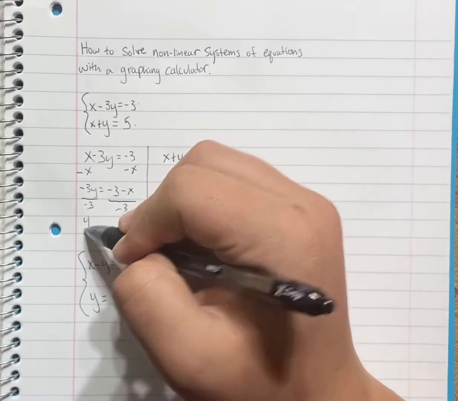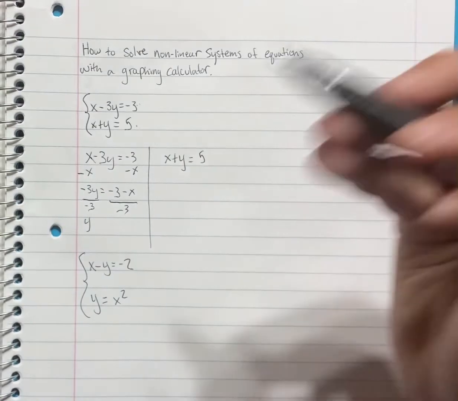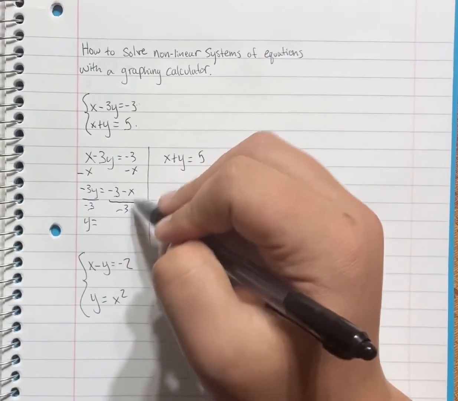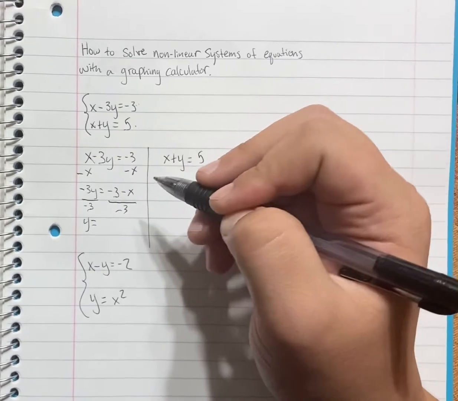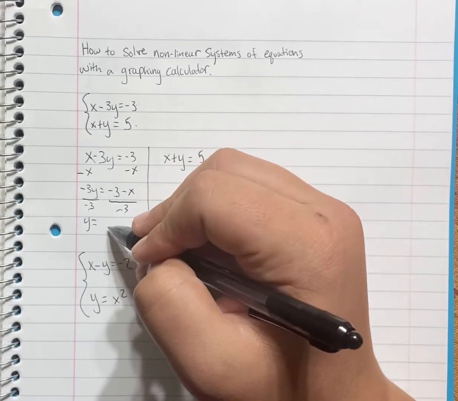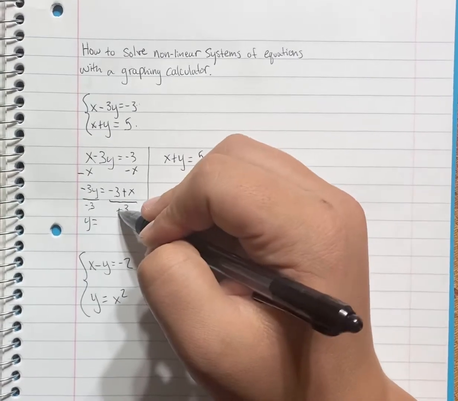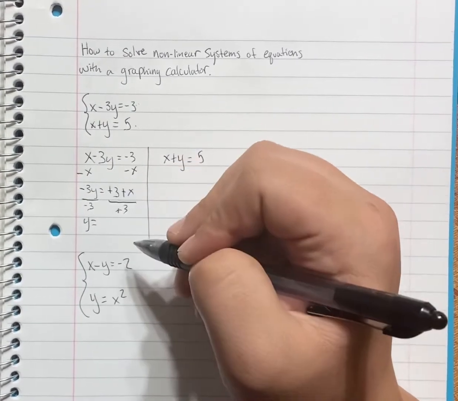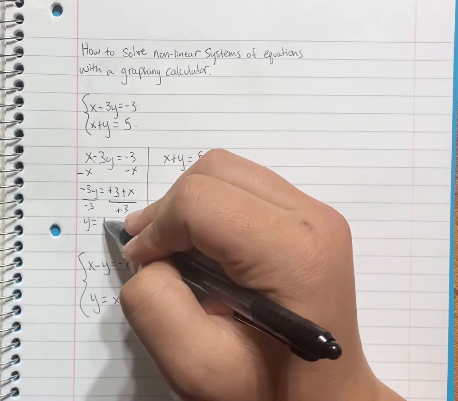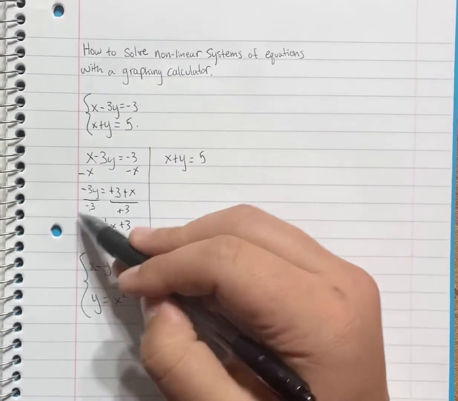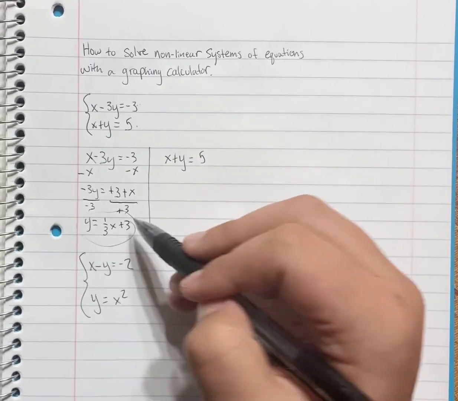This gives us a final equation where we have y equals, and me personally, I like to put x towards the front of my equations, so I'm just going to move this forwards. So if we look here, all of our subtraction signs are gone. So we're going to have 1/3 x plus 3. This is going to be our first equation.